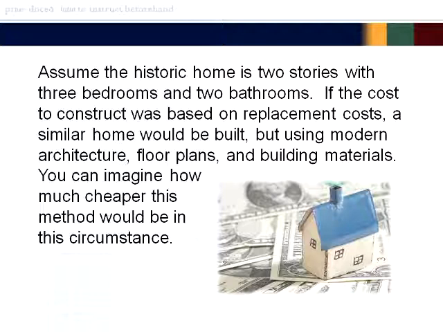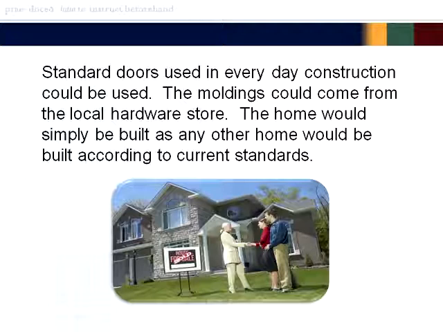If the cost to construct was based on replacement cost, a similar home would be built but using modern architecture, floor plans, and building materials. You can imagine how much cheaper this method would be in this circumstance. Standard doors used in everyday construction could be used. The molding would come from the local hardware store. The home would simply be built as any other home would be built according to current standards.